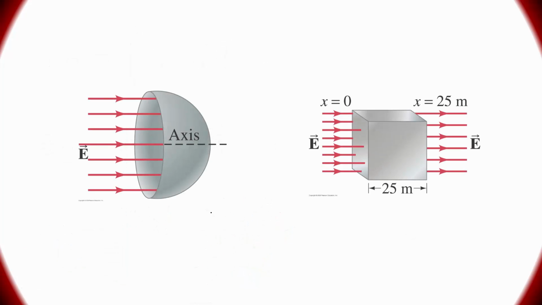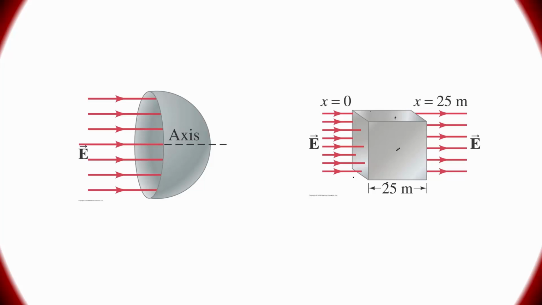A couple of examples of how flux can be applied. If I have a cube now in a constant electric field, well, the 6 sides, here, here, here, I guess that's only 4 sides, and the back that we can't see, there are no field lines piercing those sides, so we know that the flux through those sides is 0.